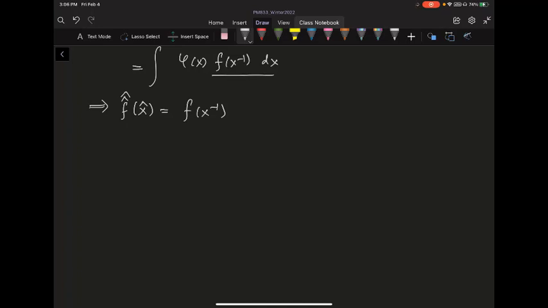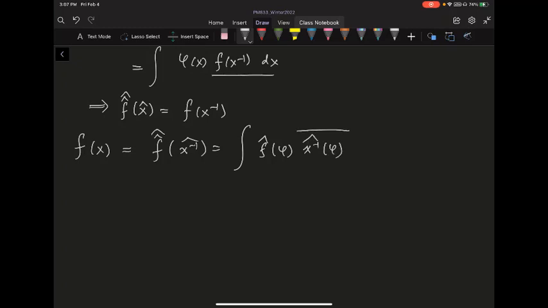I just want to point out what this means: if you want to compute F of X, you can pretend it's F double hat of X inverse hat, which by definition equals the integral of F hat of phi, and then you do the X inverse hat of phi, the conjugate.